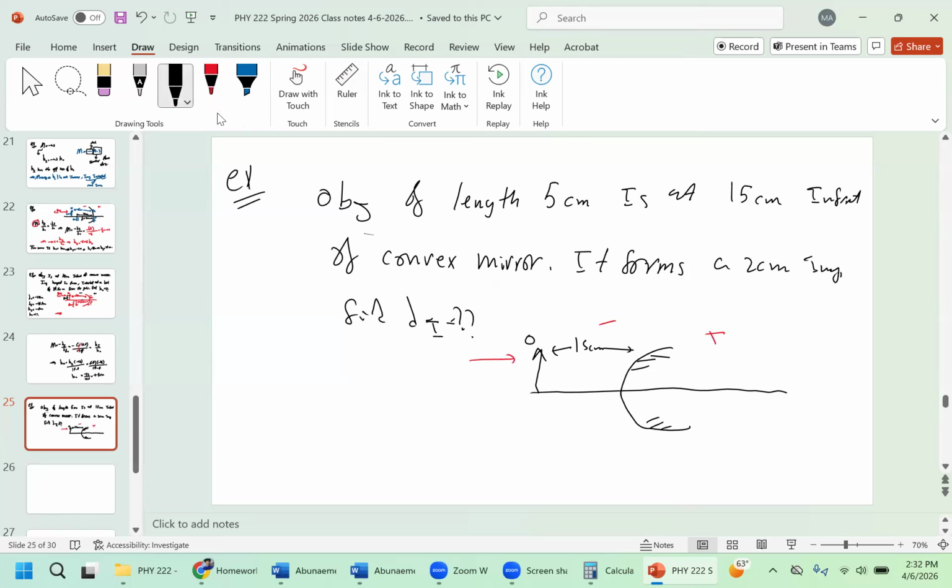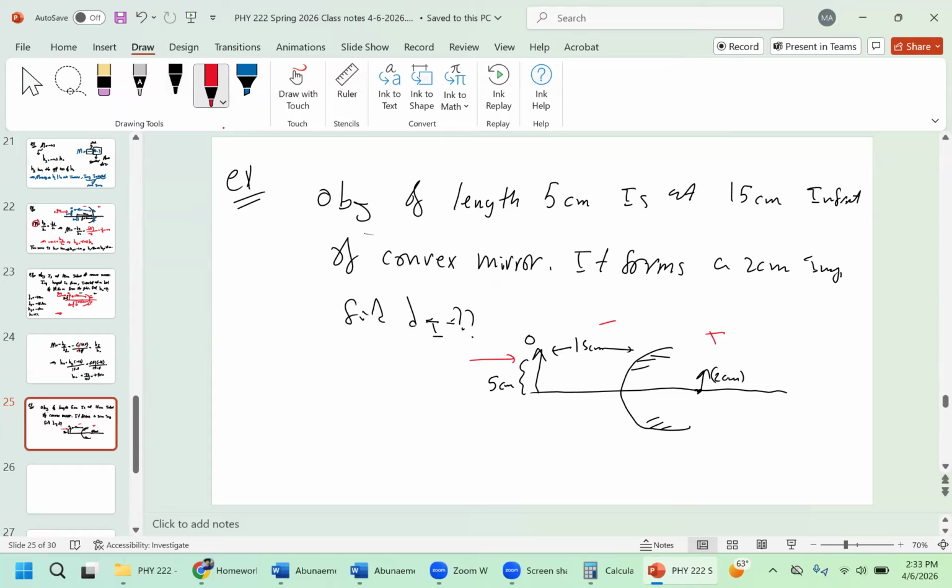The height of the object, 5 centimeters, is positive, so it's going up. And the height of the image is 2 centimeters. That means the image is going to have to be over here. This is the height of the image.